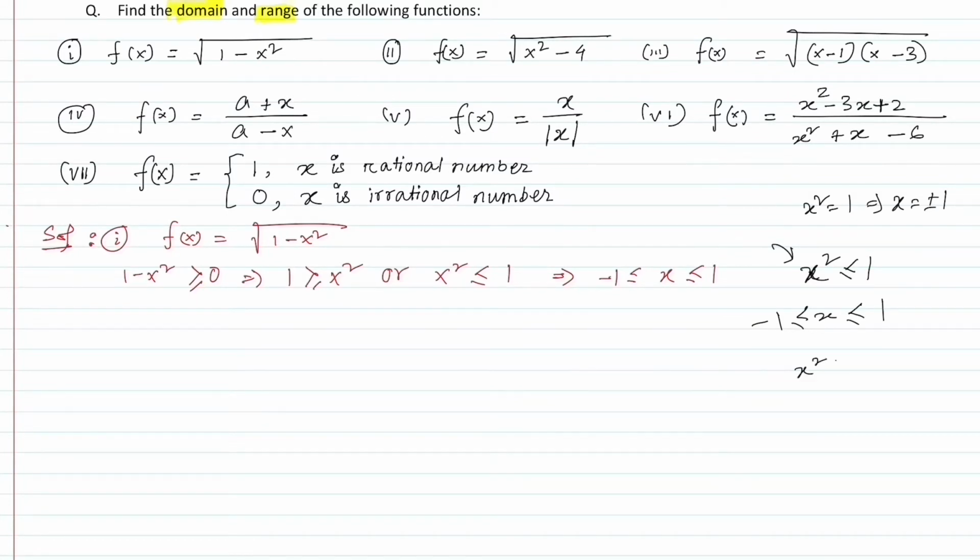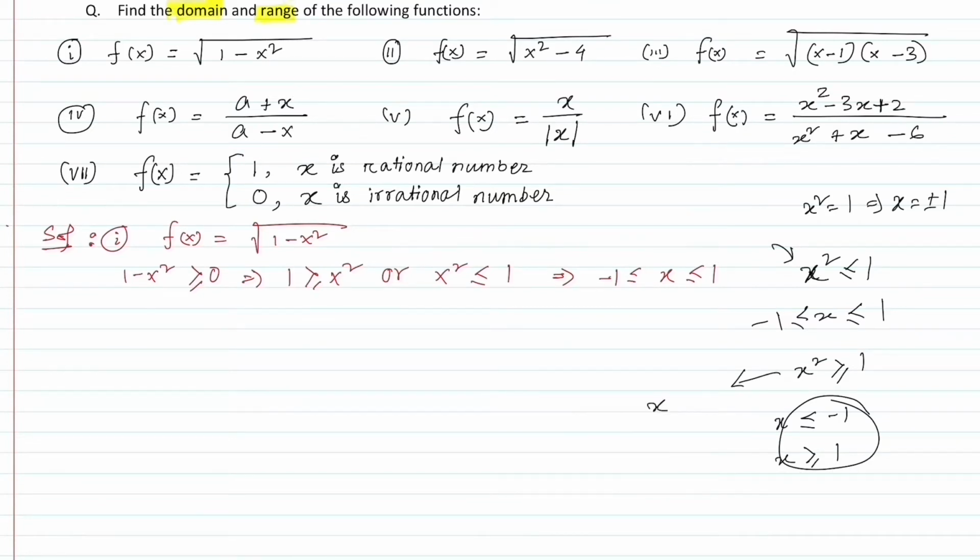But suppose, instead of less than or equal to 1, you have x square greater than or equal to 1. Then what will happen? Then you have to write x is less than or equal to minus 1 and greater than or equal to plus 1.